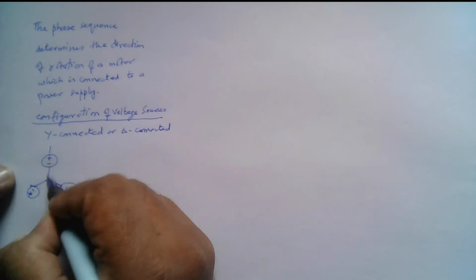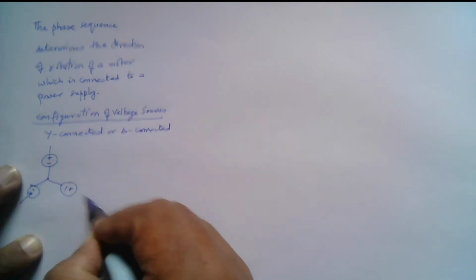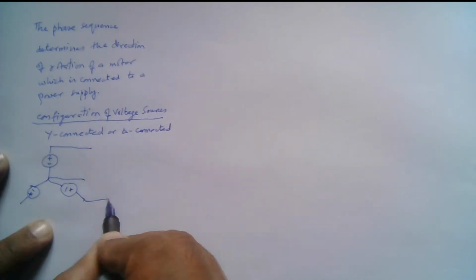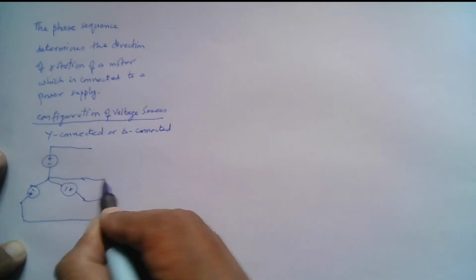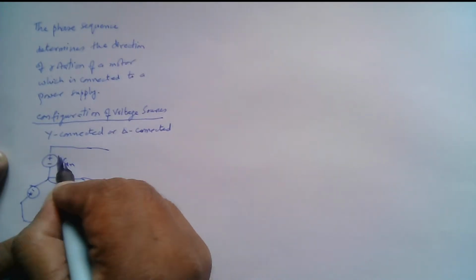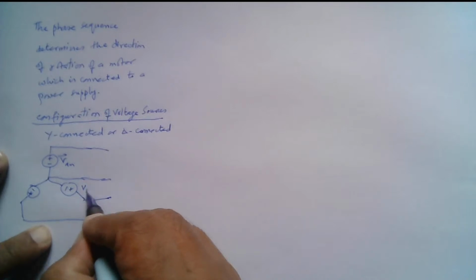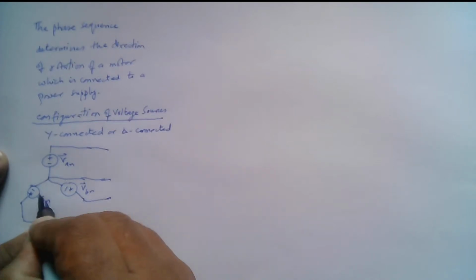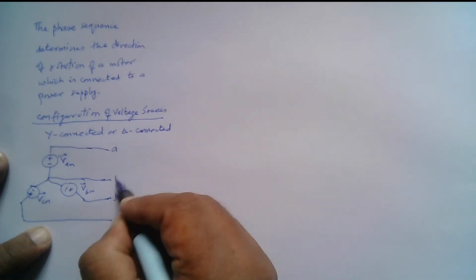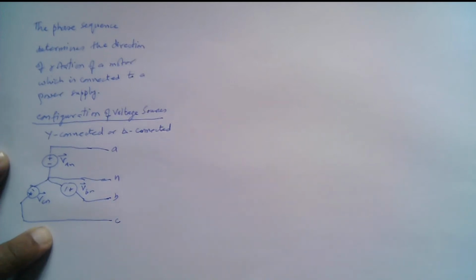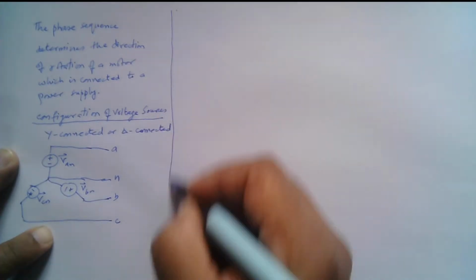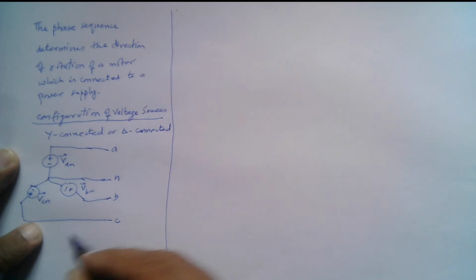Note that the negative sign points to this point, the neutral point, right? So this is point A, this is point B, this is point C, and this is the neutral point. So this is the Y connected source, and we can have a delta connected source also.